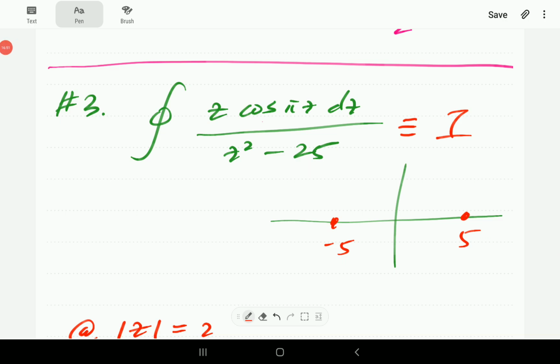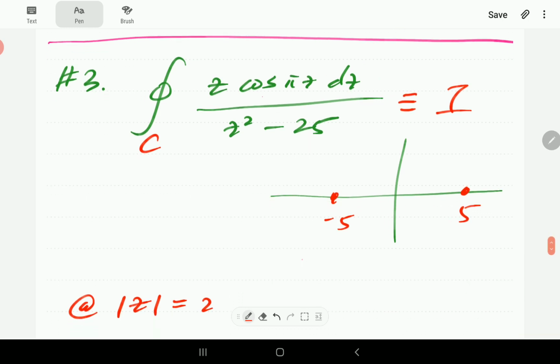Right, so what we have in number 3 is this integral here. The singularities are the points where the denominator is 0, because the numerator is an entire function. So this is 0 when z is 5 or minus 5. These are the two singularities.